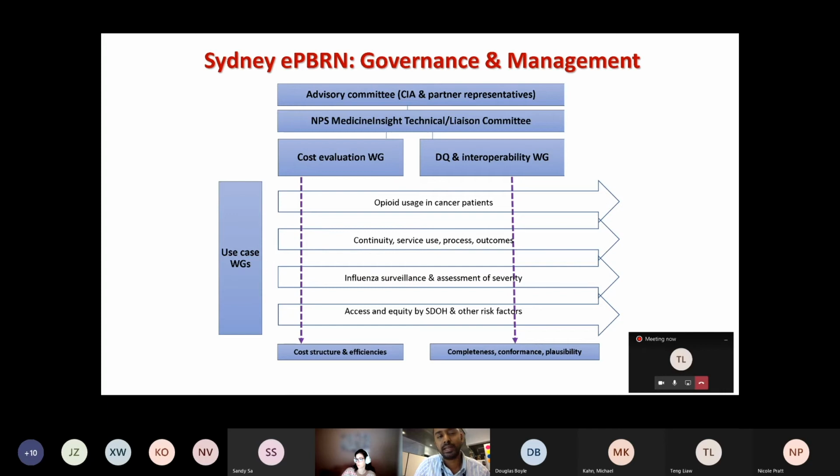We are calling it the Sydney EPBRN. Basically, we have a nicely laid out governance and management. I don't want to get into the details of the exact governance and management, but what I would like to bring your attention to is these working groups. We've got a cost evaluation working group and a data quality and interoperability working group.